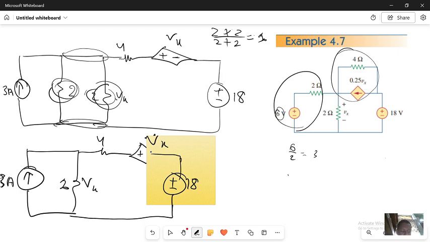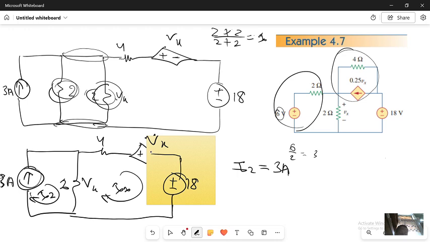Let's choose one, which one are we going to use? Let's say we are using mesh. Here it is I1, here I2. So directly I know that I2 equals 3 ampere, because I2 is this current, in the same direction as this current.